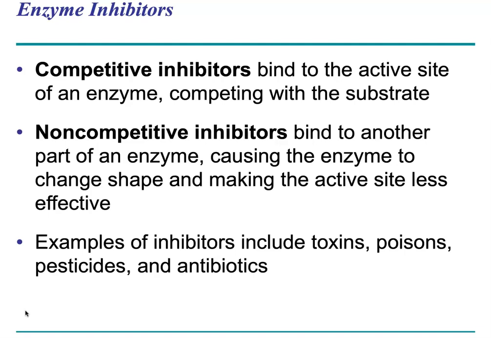For example, let's take hemoglobin. Hemoglobin is a protein in your blood that carries oxygen through the blood. One of the competitive inhibitors, the one that locks into the active site, is carbon monoxide. Carbon monoxide is a competitive inhibitor.